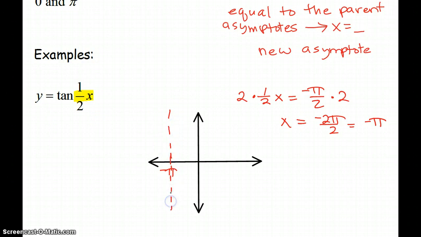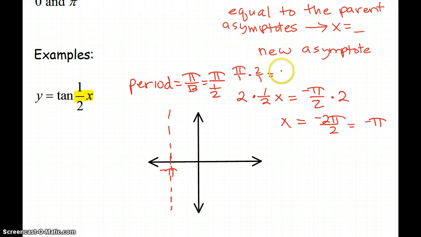Now the next thing I want to figure out is my period. So remember, for tangent or cotangent, you find the period by doing pi divided by b. And in this case, pi divided by 1/2, because 1/2 is b. So again, I'm going to multiply by the reciprocal, so pi over 1 times 2 over 1 equals 2 pi. So now if I added 2 pi to this, I would get to 0, and then I would get over here to pi.